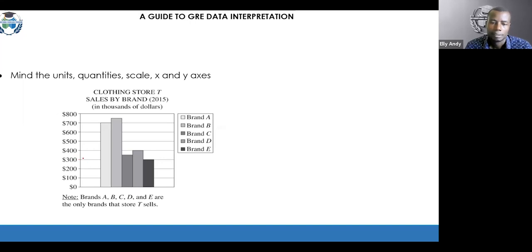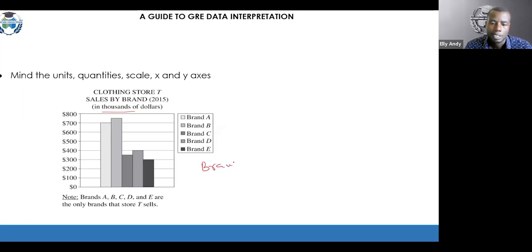Wrong. Take a look at this chart again. The sales for brand E in 2015 was not 300. Rather, it was 300,000, because we are given this information here in brackets that the sales are given in thousands of dollars. So brand E actually was $300,000.